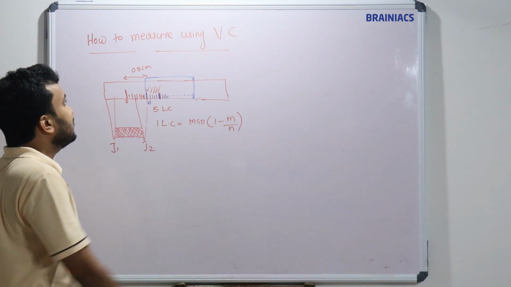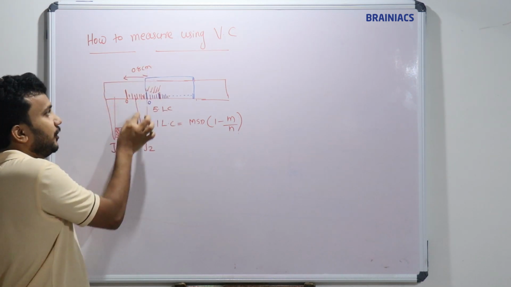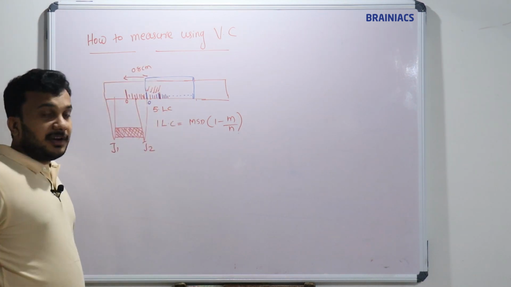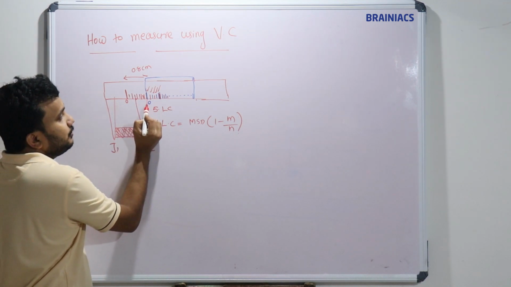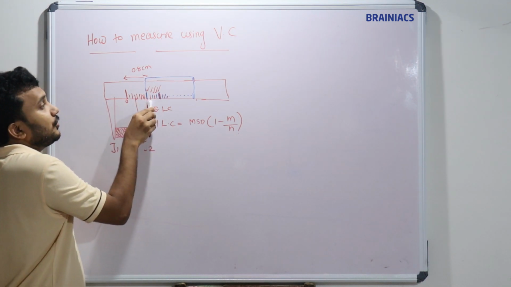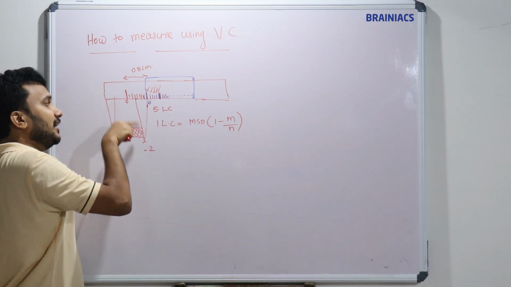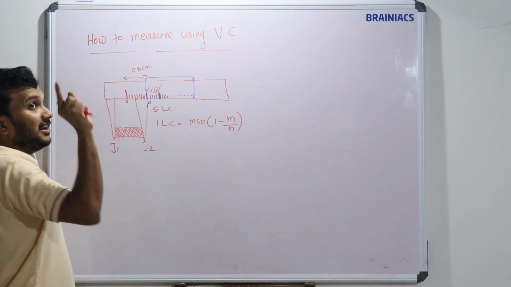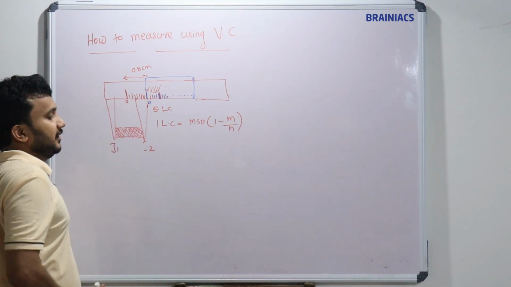Suppose I have 8 lines, and each line is 0.1, so up to 0.8. I am taking 0.8 just before reaching the 0 of the vernier scale, which starts here. From the main scale 0 up to that, there are 8 divisions. Each division is 0.1, so the total length is 0.8.